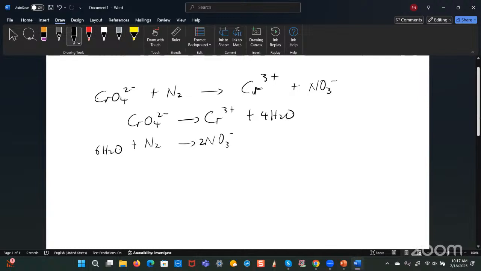So let's deal with the first half equation. To which side would you add the hydrogen ions and how many? 8, exactly. 8 hydrogen ions on the left side. What about the second half equation? To which side would you add the H plus ions and how many would you add? 12 hydrogen ions on the right side.